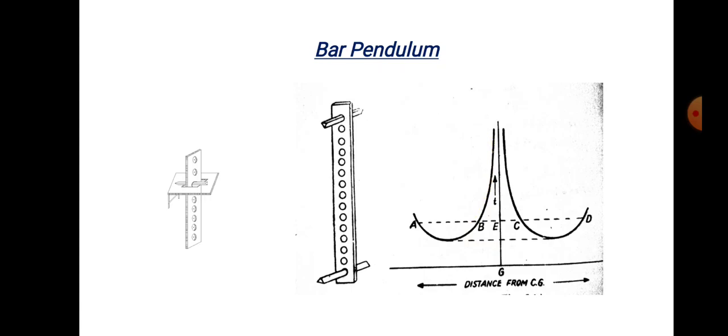But for a given value of time period, the straight line A to D, drawn parallel to the x-axis, cuts the two curves at four points, A, B, C and D respectively.